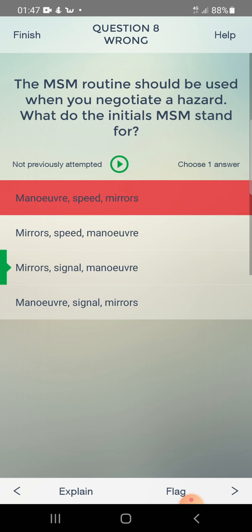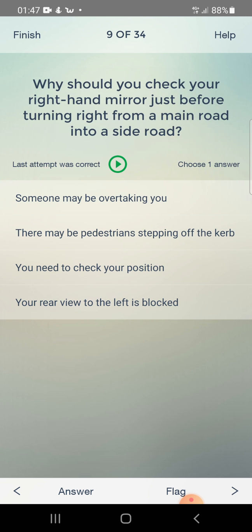First one wrong. So mirror, signal, maneuver.